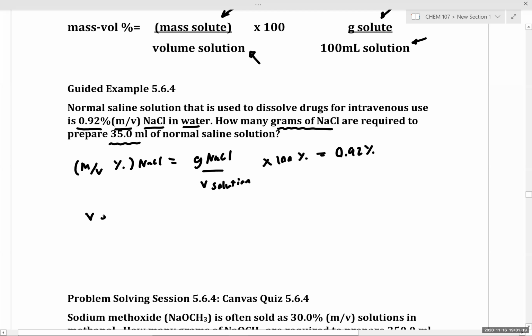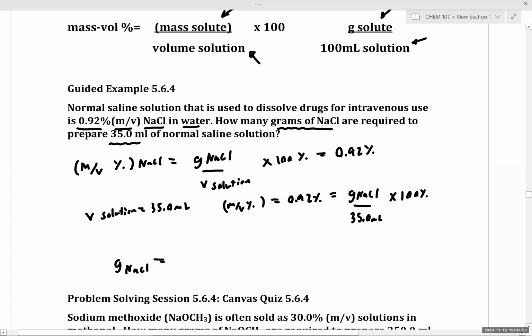We also know our volume of solution is 35.0 milliliters. So our mass over volume percent, which is equal to 0.92%, is equal to the grams of sodium chloride over the volume of solution in milliliters, which is 35 milliliters, times 100%.